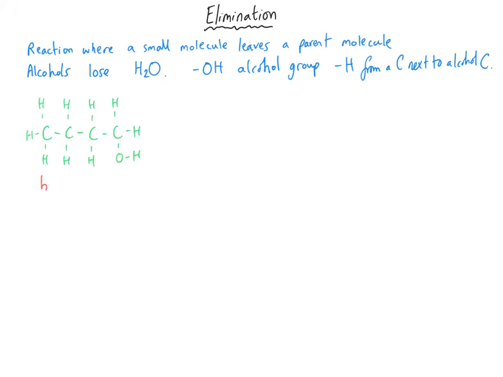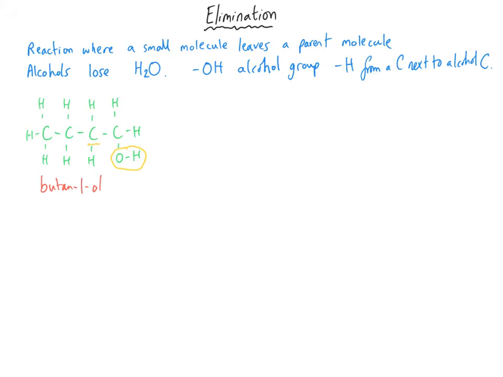And so, for instance, here in butan-1-ol, you can see that we have got the OH group on the end here, and the H that we're going to remove along with that to make it H2O has to come from one of the adjacent carbons to the alcohol carbon.